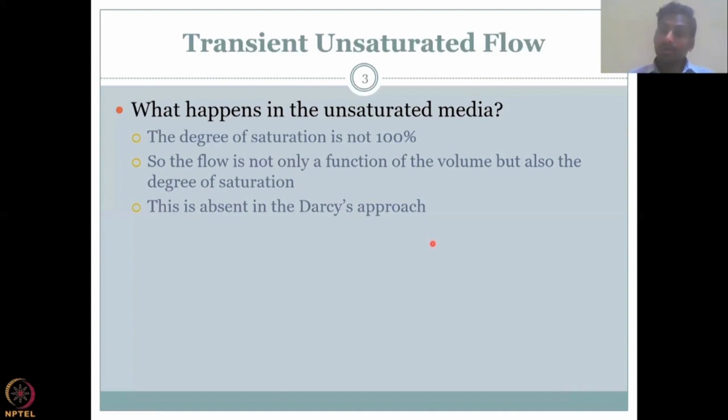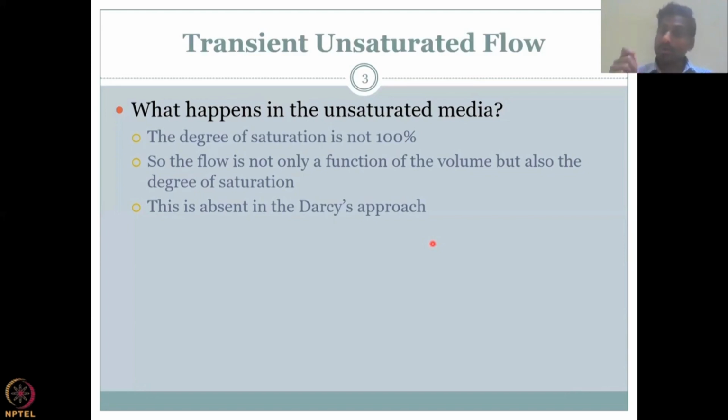However, if the soil moisture is not fully 100%, the saturation is not 100%, then some of the water would first align itself and start filling the pores. Some of the water would be used for wetting the soil, we call it. So in that case, you would be losing some flow because you have to compensate for saturation.